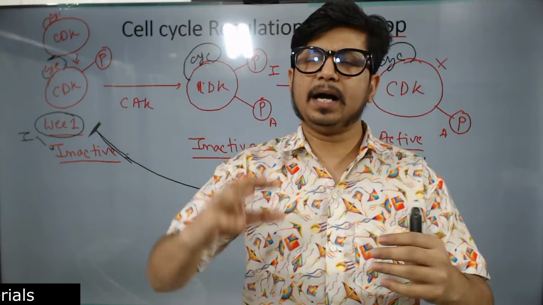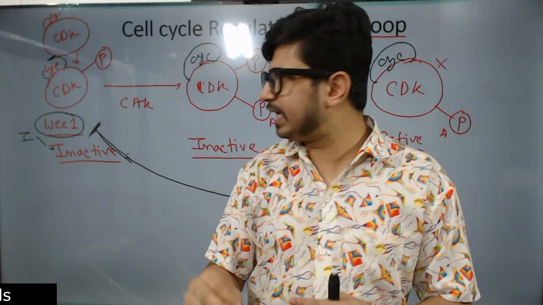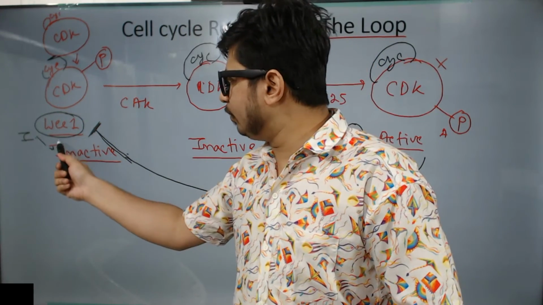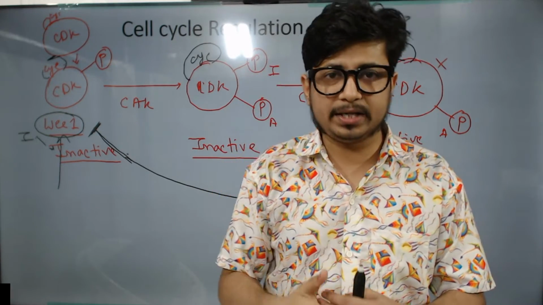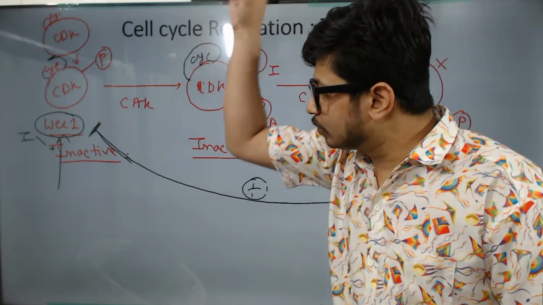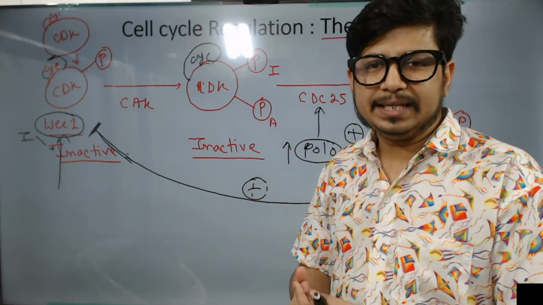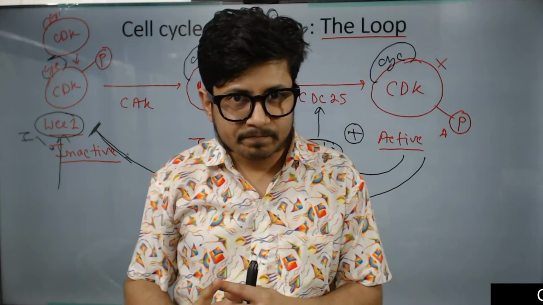So whenever any DNA damage occurs, single strand or double strand, the checkpoint will detect it, and V1 is recruited. So depending upon the situation it will be recruited. Once V1 is recruited, V1's job is to inhibit the movement of the cell cycle. That's why it's an inhibitory kinase.